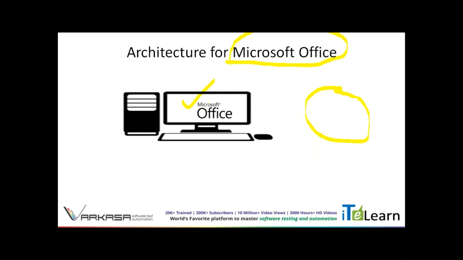The whole package is installed on your client machine, and whenever you want it, you open it. You take a desktop, install the Microsoft Office software on it, and we are good to go.